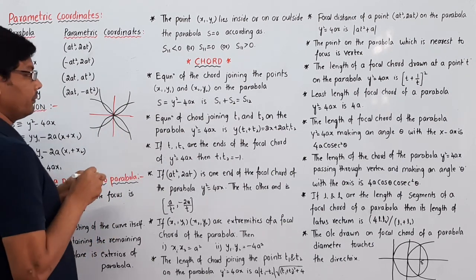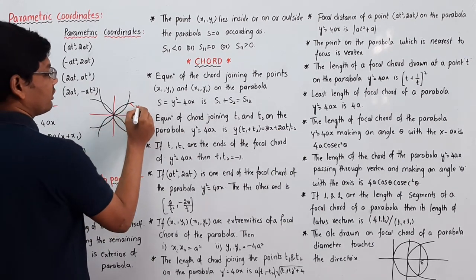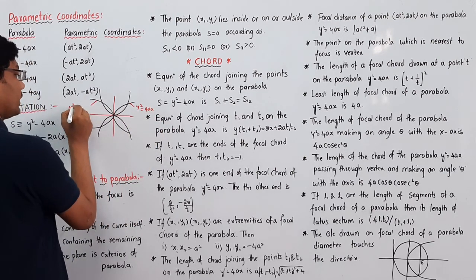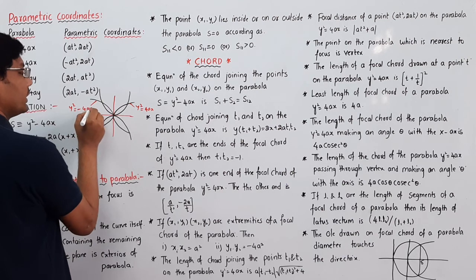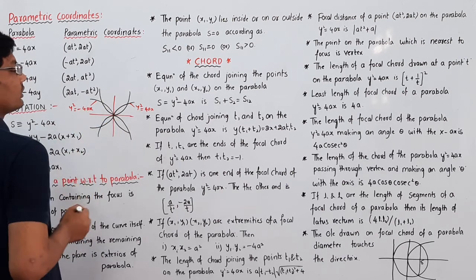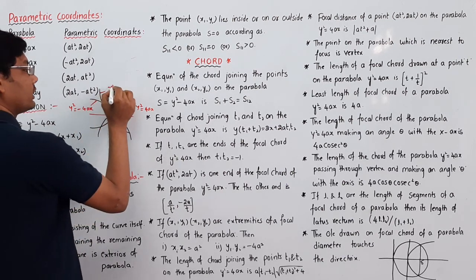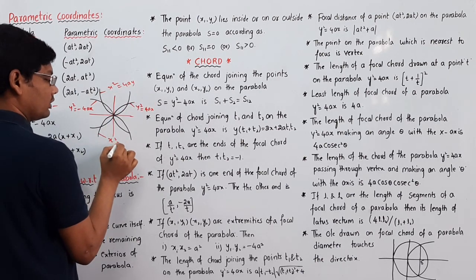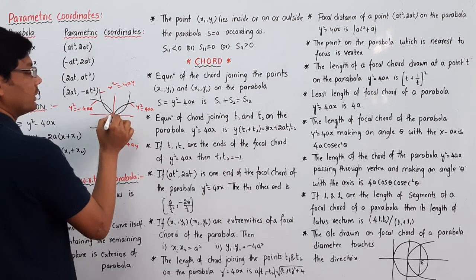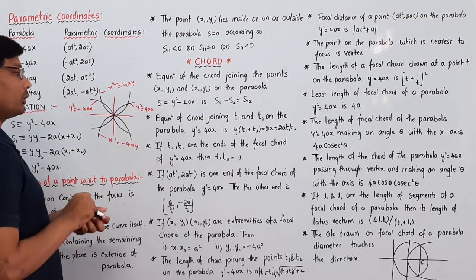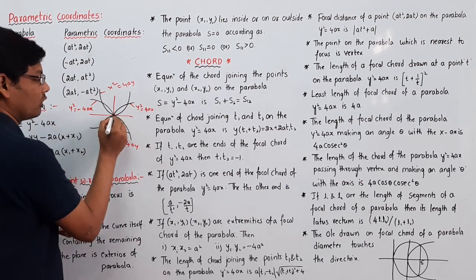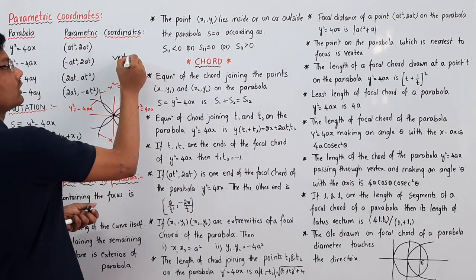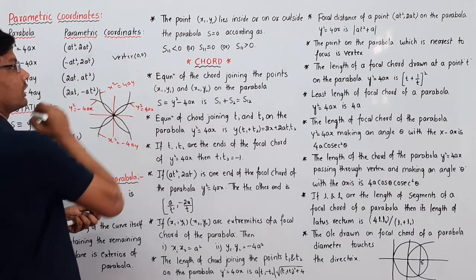So this equation is y square is equal to 4ax, this equation is y square is equal to minus 4ax, on the negative side. Next, this is x square is equal to 4ay, this is x square is equal to minus 4ay. Here all the parabolas have vertex at 0 comma 0.